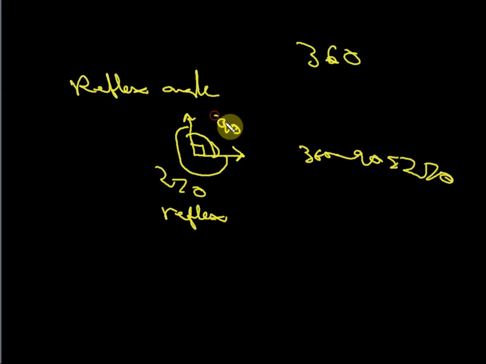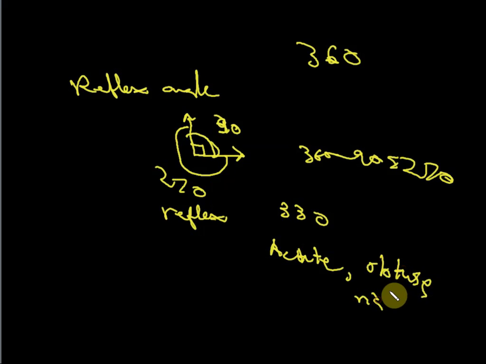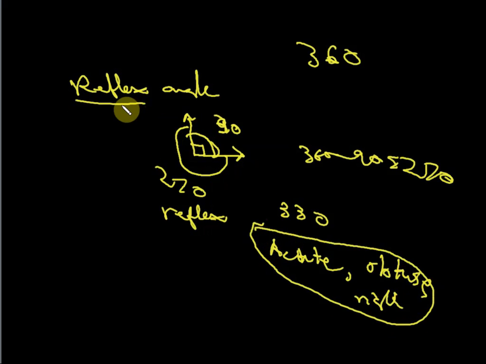So what if this was 30? Right? If it's 30, then this would have been 330. So you're sort of seeing how this acute, obtuse, right, how they're all just playing a role in this. Now I've given names for each of the characteristics of the angle, but most of the time when you start doing this, you'll be solving for these reflex angles, for the 360 degrees, the full angle rotation, but nobody really uses those terms.